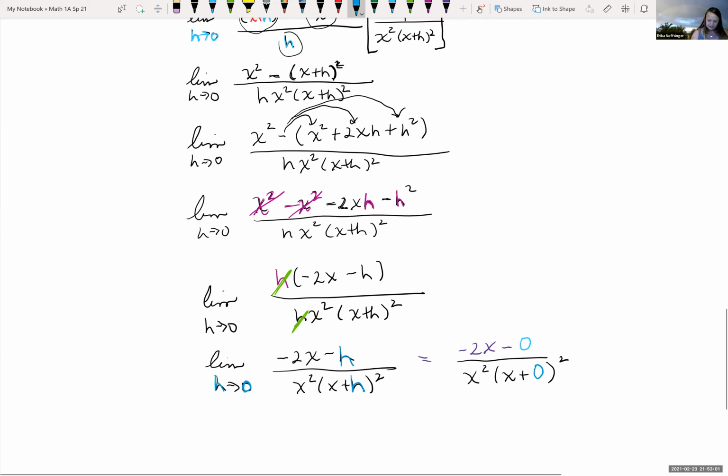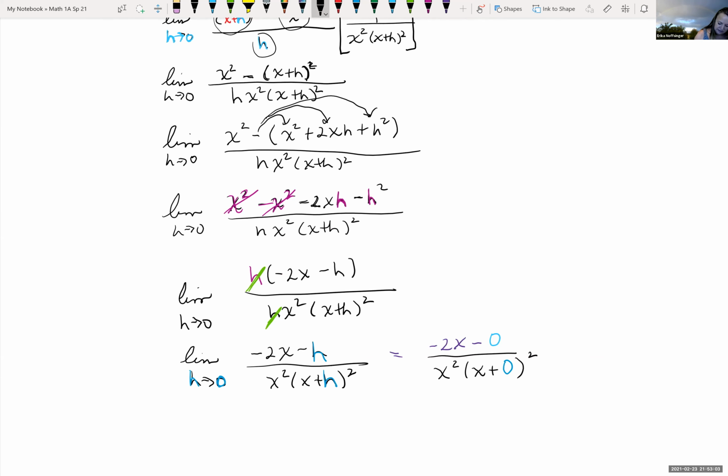So let's rewrite that a little bit. Notice once we plug in 0 for h, I dropped the limit as h goes to 0. And so here we have in the numerator negative 2x all over x squared times x squared.